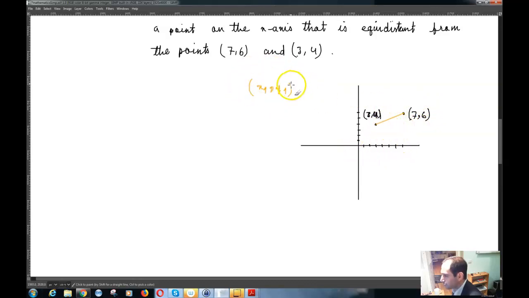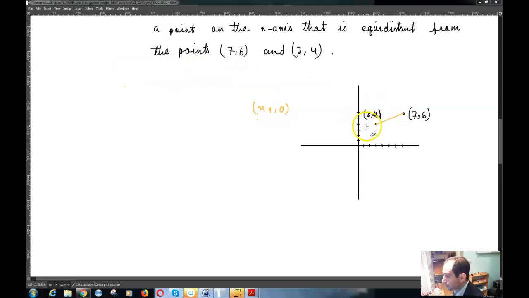Of course, since the point is supposed to be on the x-axis, the y coordinate is 0, so the point becomes x1, 0. So I will simply find the distance of this point from this point, and the distance between this point and this point, and if you equate them, you will get your x1.